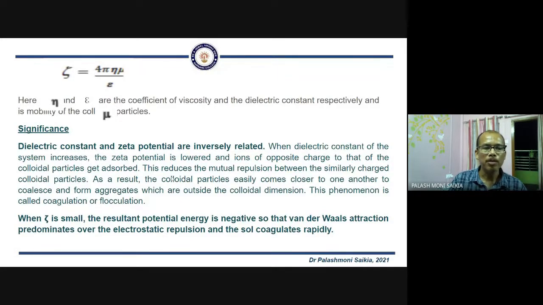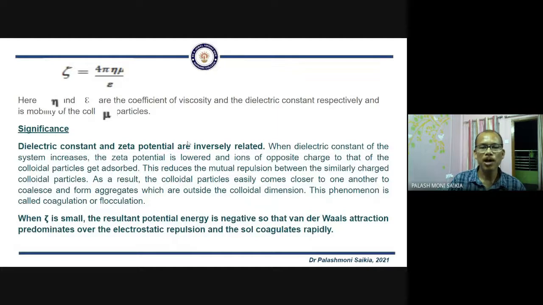If it happens, the zeta potential will be lowered, and ions of opposite charge to that of the colloidal particle will get adsorbed on the colloidal particle. These are counter ions. This will reduce the mutual repulsion between similarly charged colloidal particles.